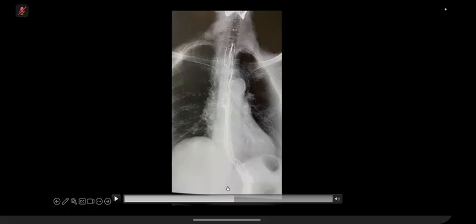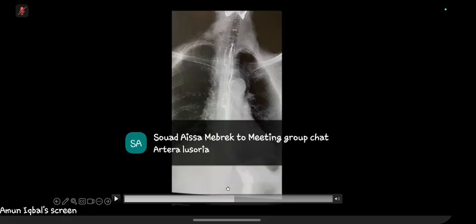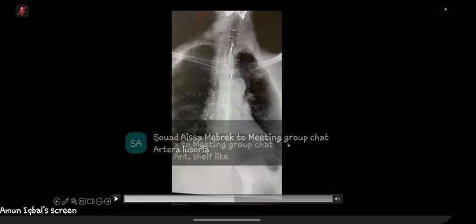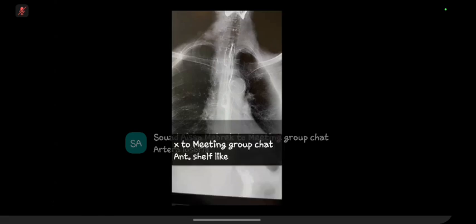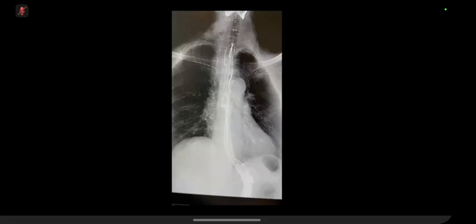So maybe the patient had something in the past and in the mediastinum, which is leading to some traction and leading to this focal contour bulge in the middle esophagus, and that can be a cause of the patient feeling something like stuck in the throat. So I would like to see any CT which might have been done before. Okay. No CT is available. Only these films are available.